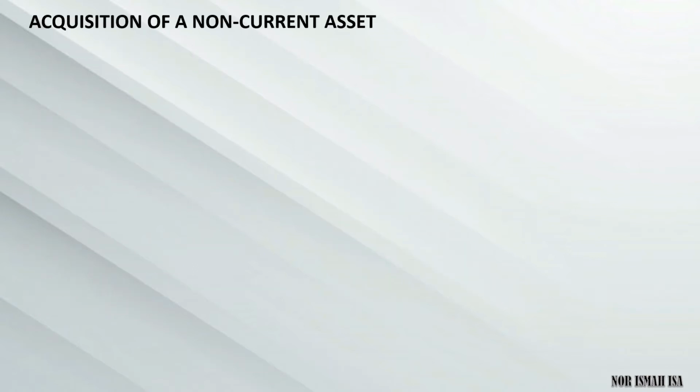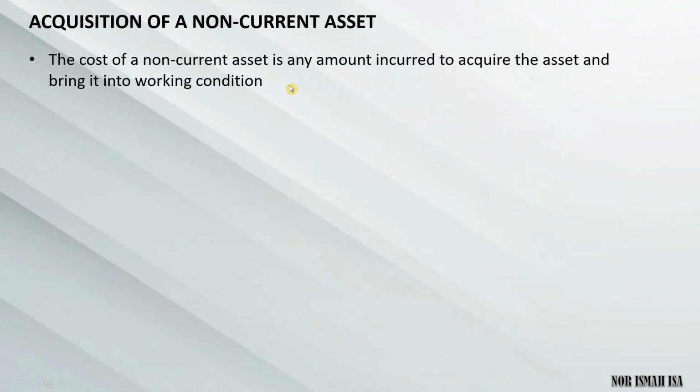And now we are going to look at the first part of the non-current asset, which is the acquisition of the non-current asset. Okay, the cost of a non-current asset is any amount incurred to acquire the asset and bring it into working condition.